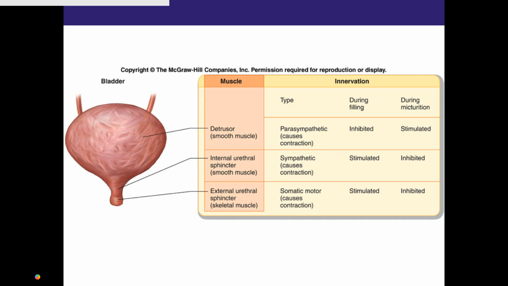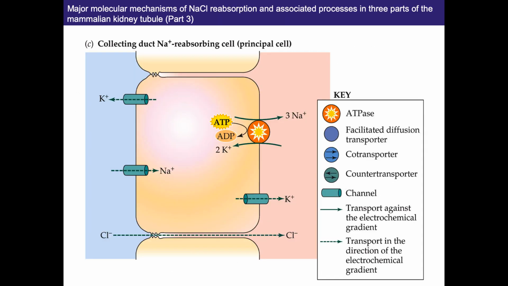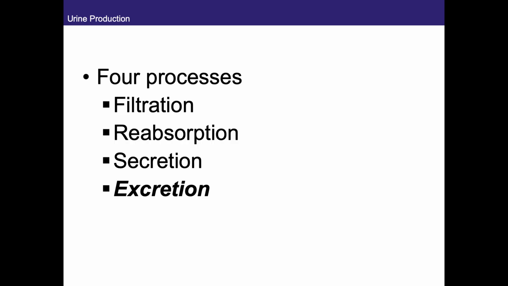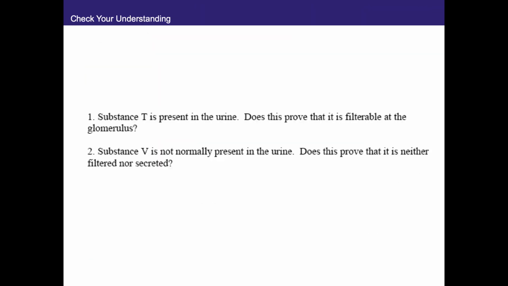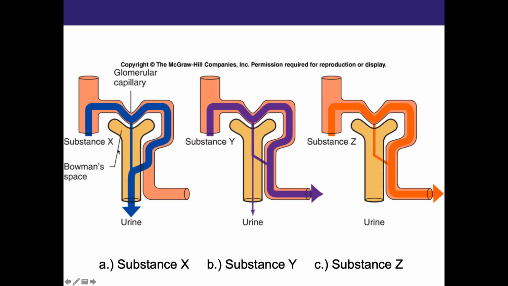This is the process. Oh, I had a really good question last time. I want to make sure that everyone realizes that secretion and excretion are different, okay? So secretion is when you are taking molecules and fluid from the capillaries and delivering them into the nephron to be excreted.